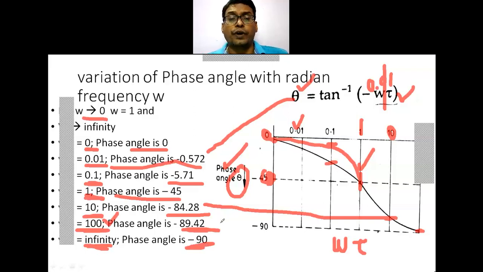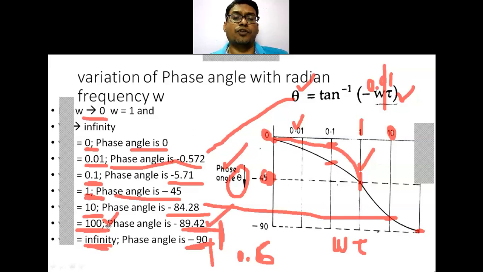So when you travel from 100 to infinity, there is only a difference of 0.6, since this is 89.42 and this is 90.